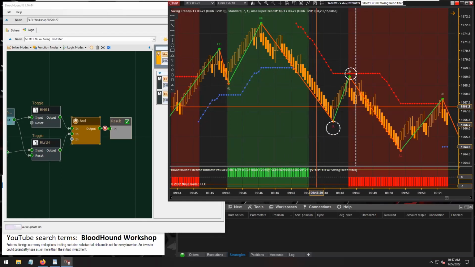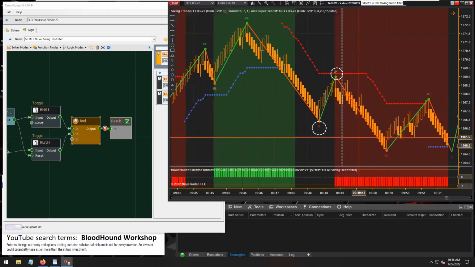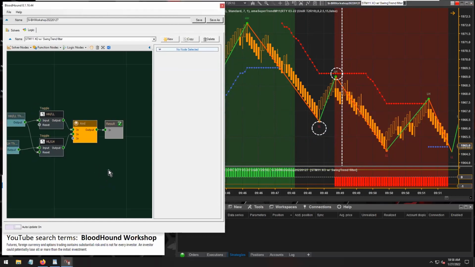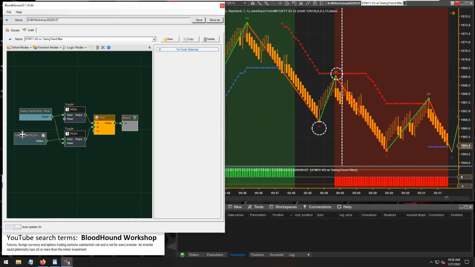So we're basically in this non-trend directional state until the lower low finishes, and then we get this uptrend, which then starts a higher low. And then we're in a short trend. So I think that should do it for our trend direction there. I think that's all we need.